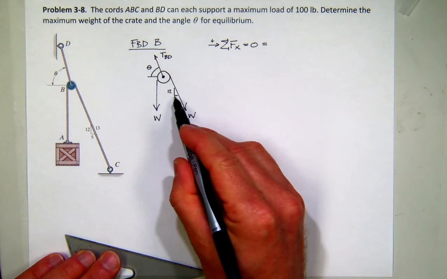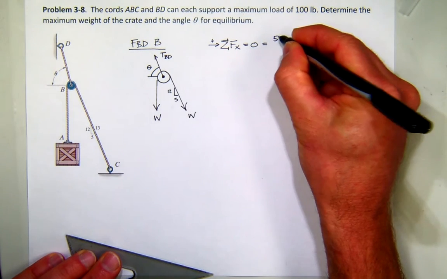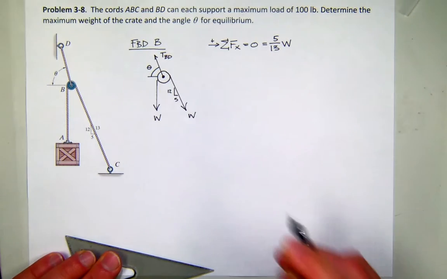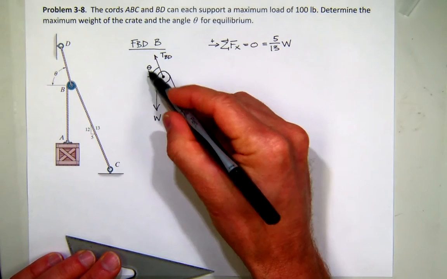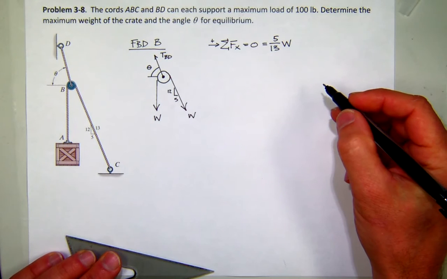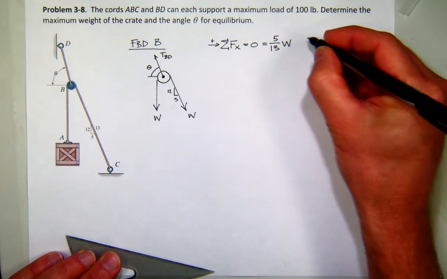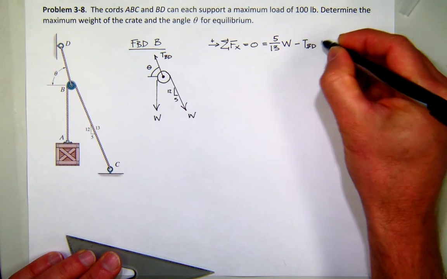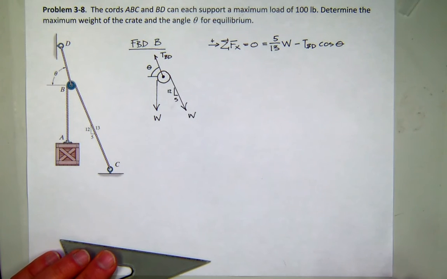Well, that'd be the horizontal piece, that'd be 5/13, right? So 5/13 of W. And then the x component of this is going to be negative: tension in BD times cosine theta. Everybody see that?